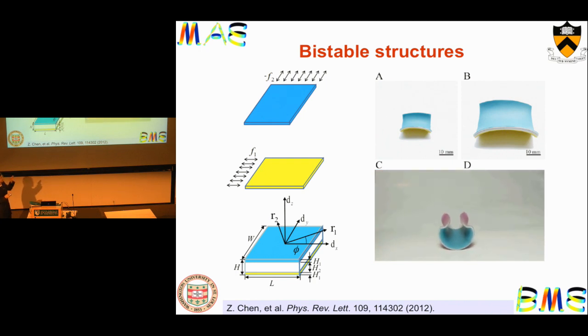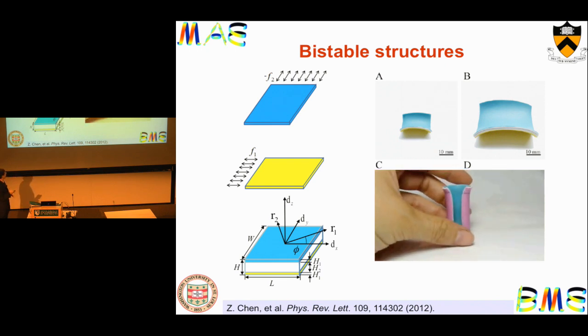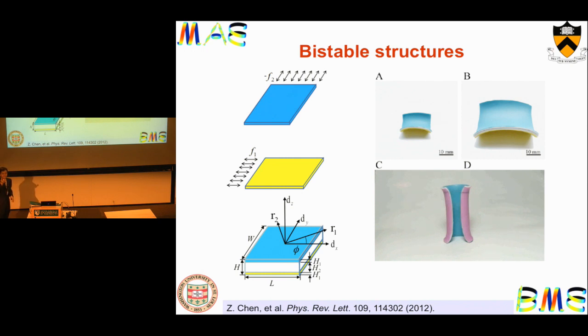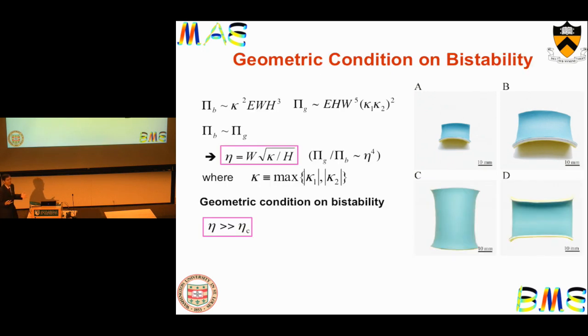And you can apply a mechanical stimulus to make it transition from one shape to the other, pretty much like the slap bracelet. Okay, so why? The driving forces are exactly the same. We just change the width or the thickness.